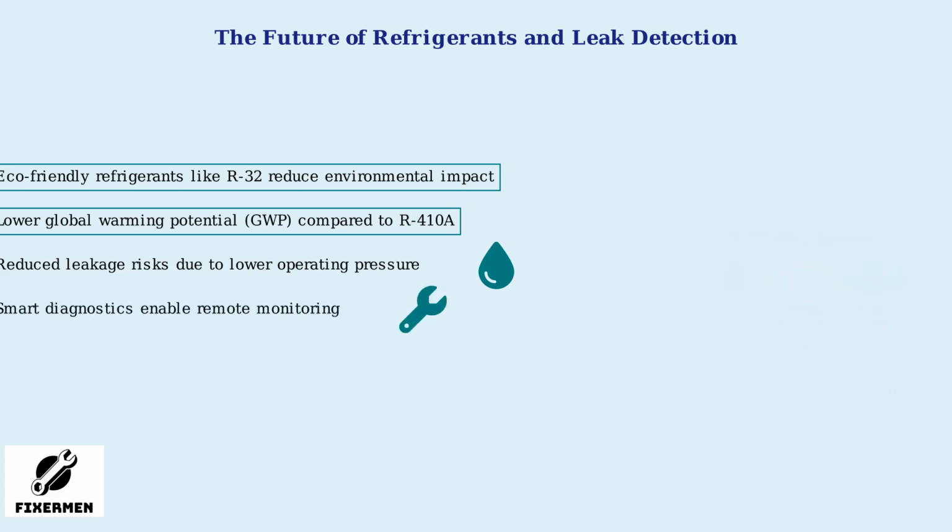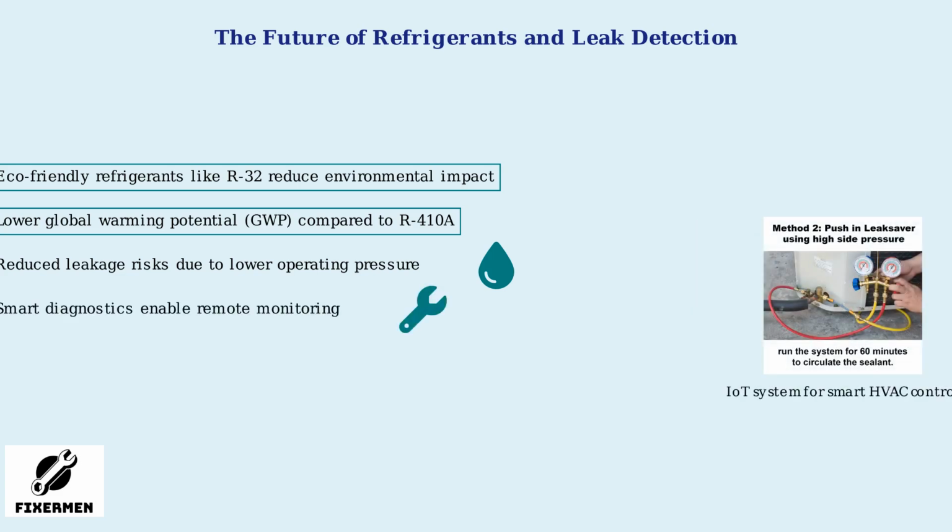Smart diagnostics are becoming standard in new HVAC systems. These intelligent systems continuously monitor performance and can detect potential issues before they become serious problems. IoT connectivity enables remote monitoring through mobile apps and cloud platforms. Technicians can receive alerts about system status and perform diagnostics without on site visits, saving time and costs.